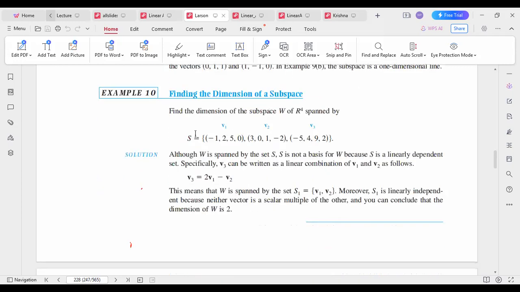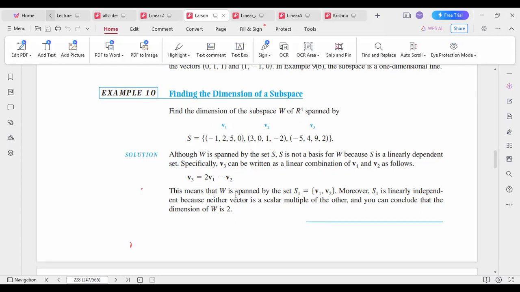Now another one: find the dimension of the subspace W in R4 space. That means in R4 space, these 3 vectors v1, v2, v3. Although W is spanned by the set S, S is not a basis for W because S is a linearly dependent set, because v3 can be written as a linear combination of v1 and v2: v3 equals twice v1 minus v2.